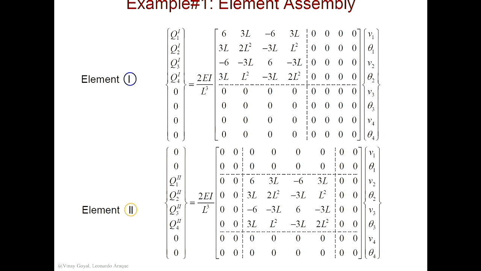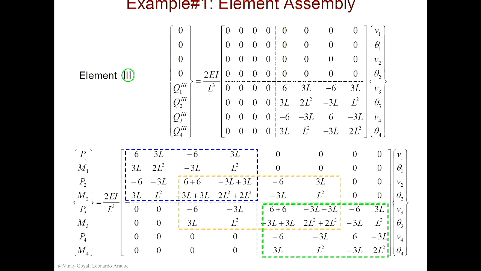I'm populating the block that's columns 3 to 6, and then rows 3 to 6. I'm populating just that. Okay, and then I can now populate element 3 here at the bottom, so the block 5 through 8. Okay, all filled out.